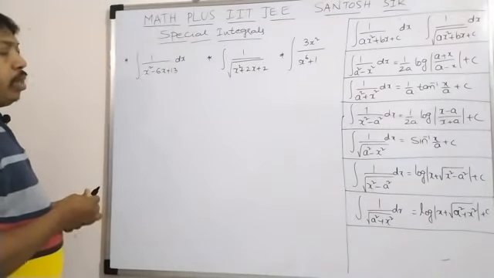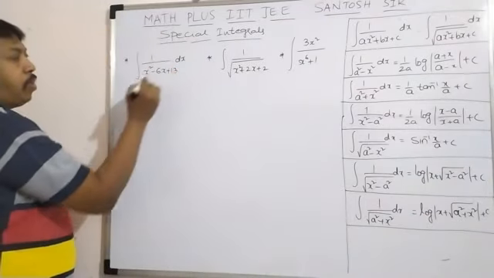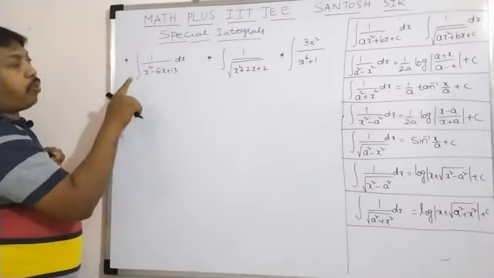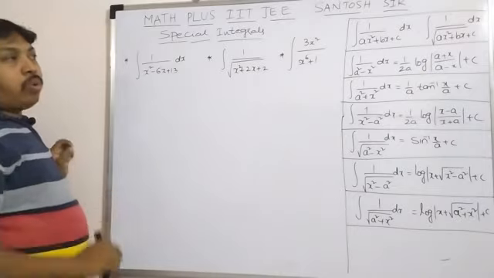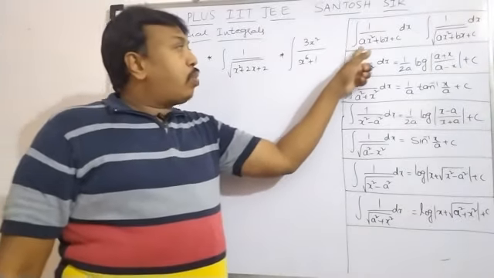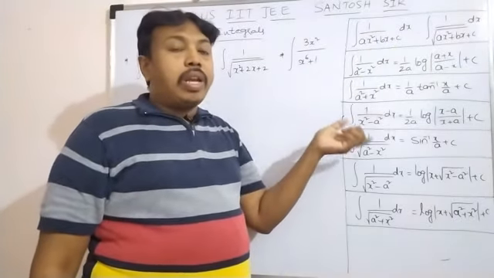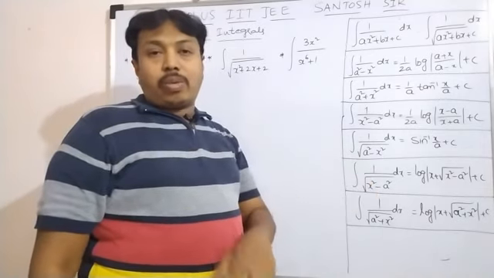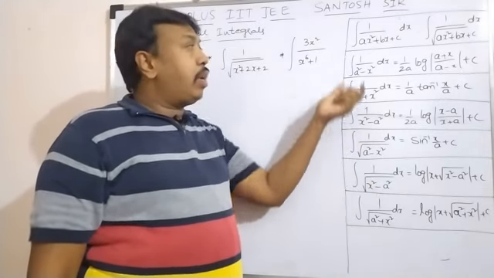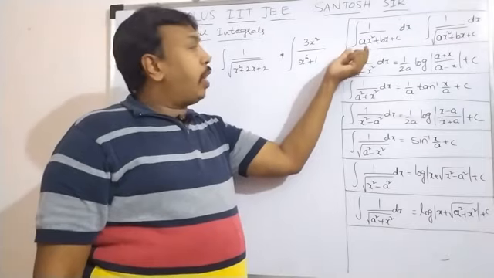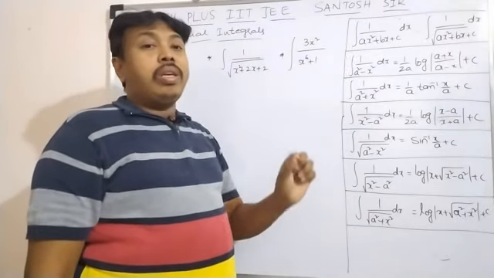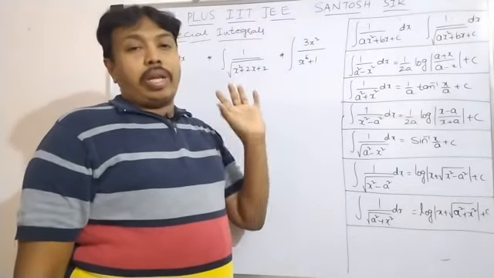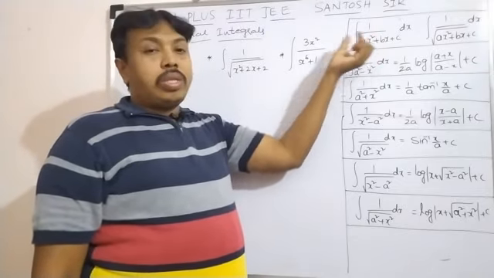See here, first problem, integral, they have given x square minus 6x plus 13. What we are going to do is convert this quadratic expression using the completing square method. Like in 10th standard, you found the roots of a quadratic expression using the method of completing square, here also we are using the same method.